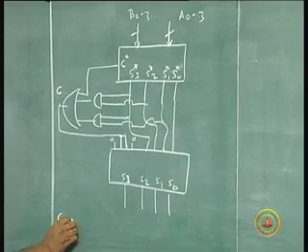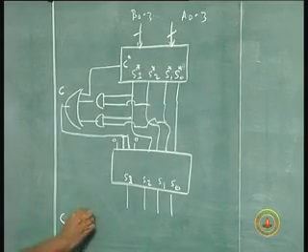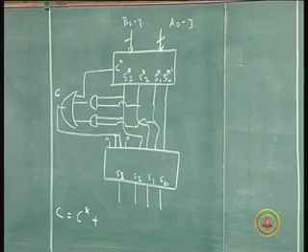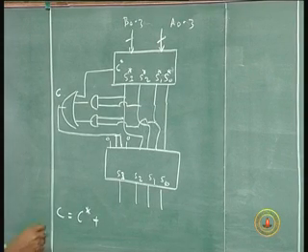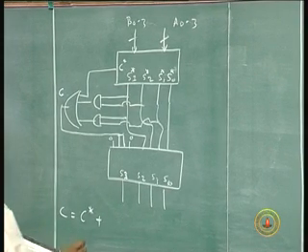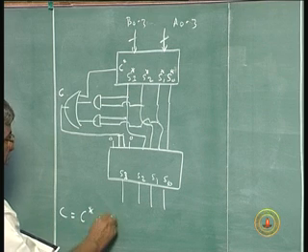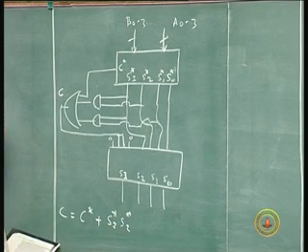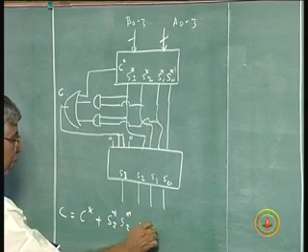Final carry is the temporary carry for the binary sum, or S3 bar, S2 bar, or S3 bar, S1 bar.